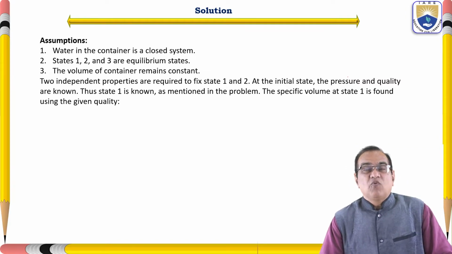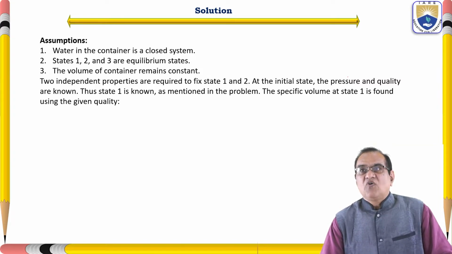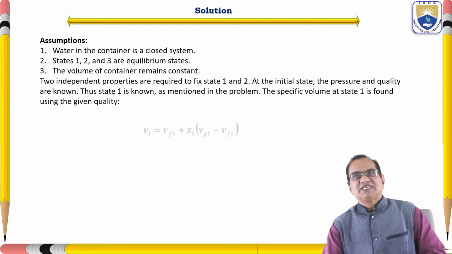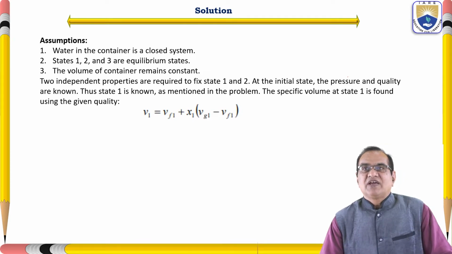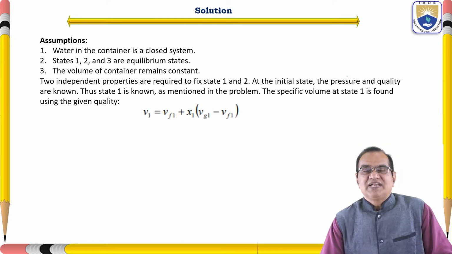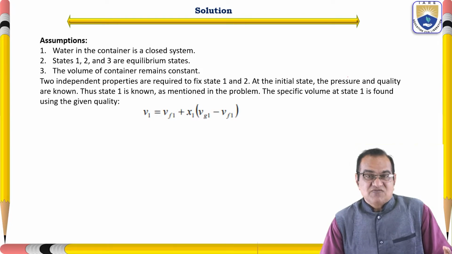Thus, state 1 is known. The specific volume at state 1 is found as V1 equals Vf1 plus X1 times (Vg1 minus Vf1). g is for gas, f is for liquid.